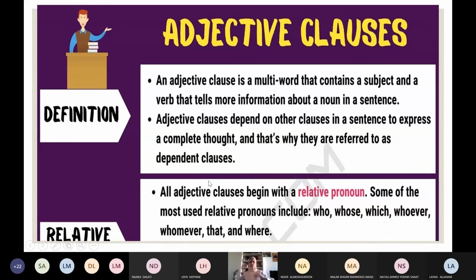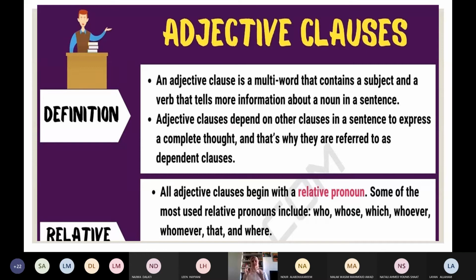Because we have adjective phrases and adverb phrases, both were prepositional phrases. Once I take it as an adjective and once I take it as an adverb. So that confused you a little bit.